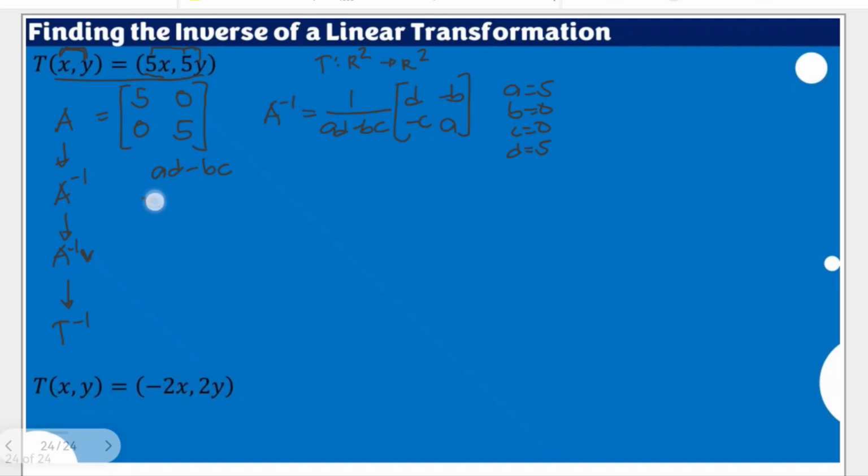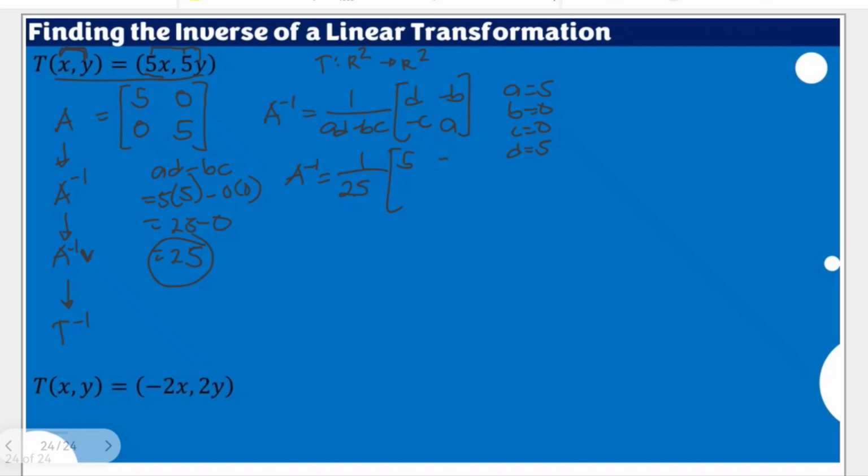Let's try. A is 5 times D, which is 5, minus 0 times 0. That's 25 minus 0. So our determinant is 25. Hence, our A here is invertible. And of course, our linear transformation T is also invertible. Let's try to solve for the inverse. The inverse is 1 over 25, your determinant earlier, times your D, which is 5.